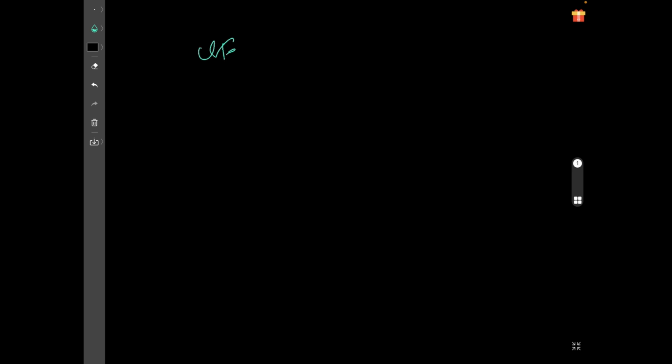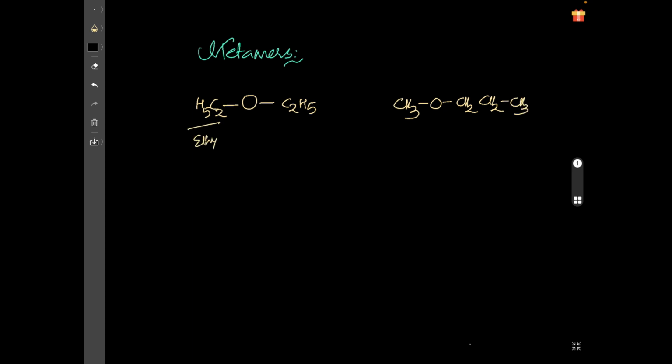One more wonderful type is metamers. In metamers, the functional group will be the same, but the nature of the alkyl groups attached will be different. See here, CH2CH2CH3. This is ethyl. This is methyl. This is propyl.